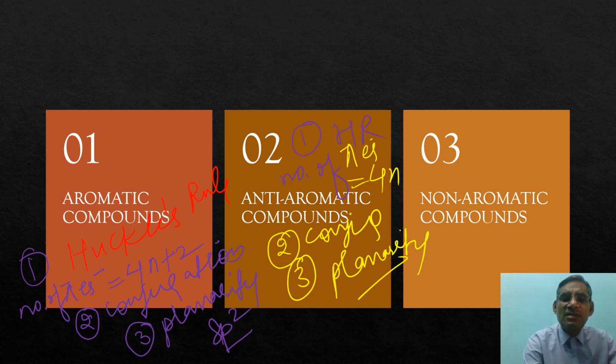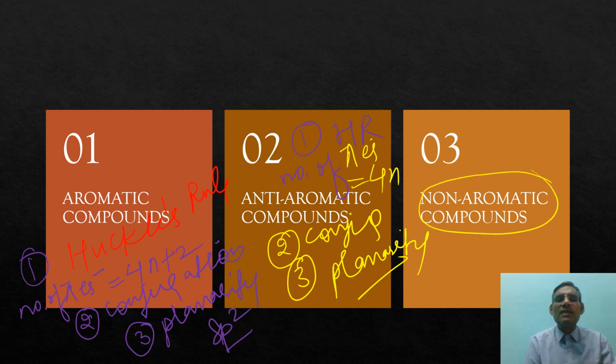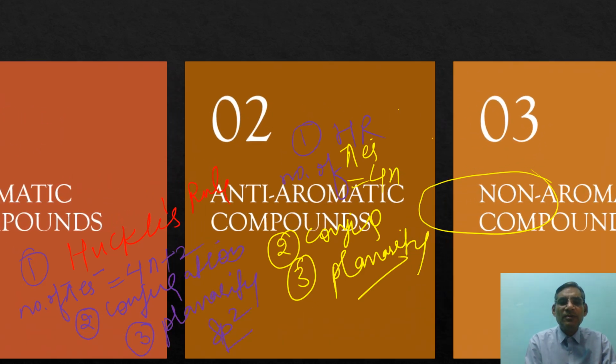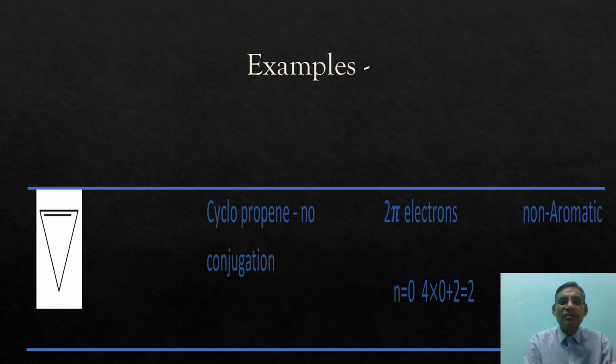And if any of these three conditions are not followed, then such compounds are called non-aromatic compounds. This we have already discussed in our previous video. So now we will discuss in this video the examples.